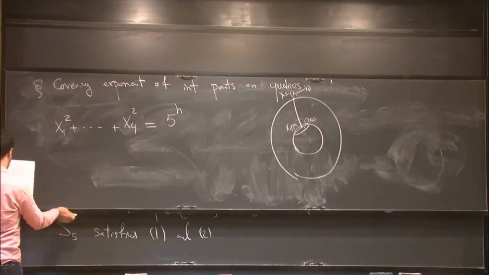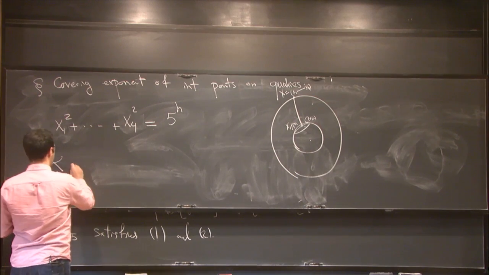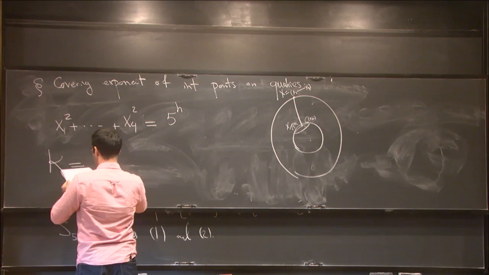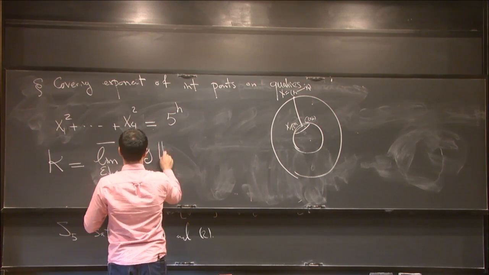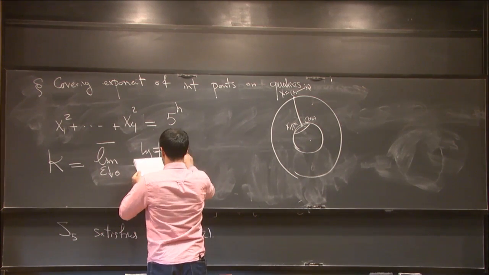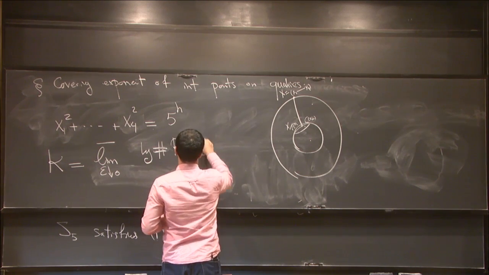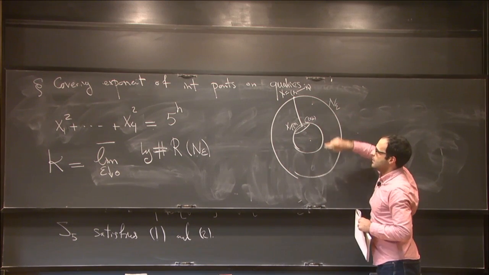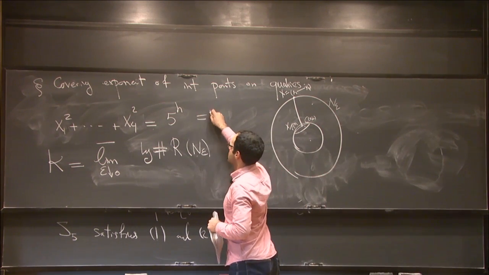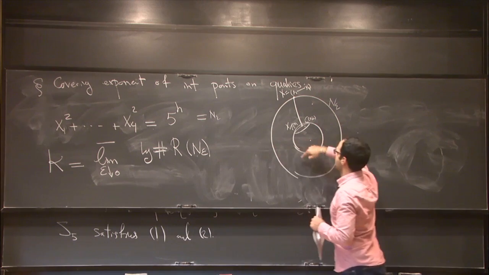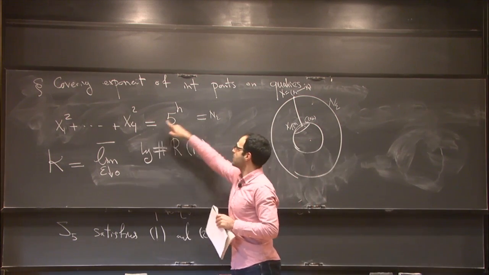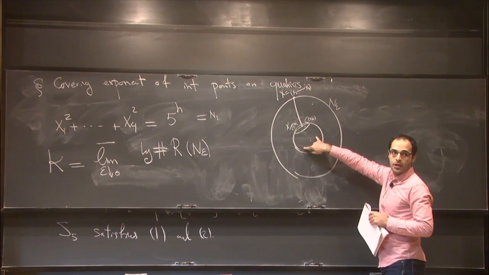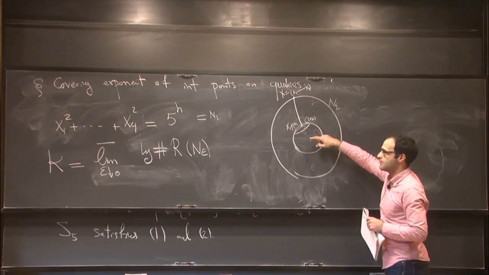So what is the covering exponent? I'm going to denote it by k, is the lim sup as epsilon goes to 0 of log of the number of representations of n sub epsilon. So n sub epsilon is the least integer such that if you look at the integral points which represent n sub epsilon, and you project them on the unit sphere, they cover all the caps of size epsilon.